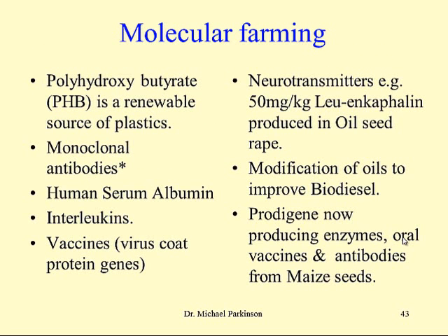In terms of molecular farming, a good example would be polyhydroxybutyrate. So plastics are currently produced from oil, and oil is a diminishing resource. But some bacteria produce this compound, polyhydroxybutyrate. So the genes for polyhydroxybutyrate production have been taken out of bacteria and put into plants.